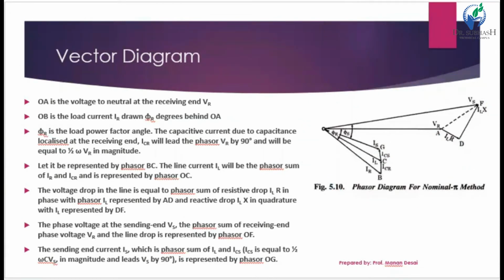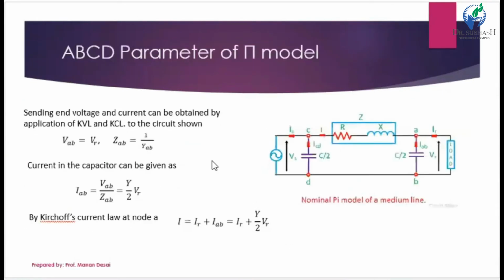Now in this ABCD parameter of the pi model, we are going to take a look at the calculations of the pi model. The sending end voltage and current can be obtained by application of KVL and KCL.